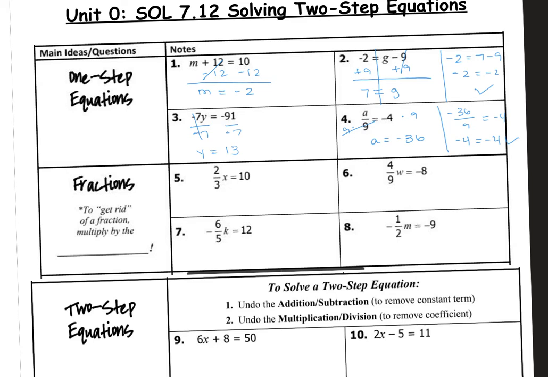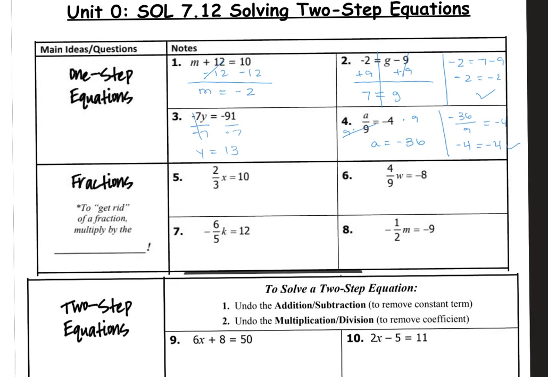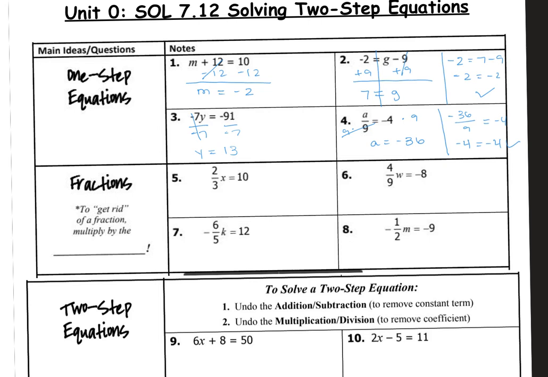All right, next we're going to look at fractions because as we get into multi-step equations, we're going to have a lot more fractions to look at. So the key thing here is to get rid of fractions. You have to multiply by the reciprocal. And what I mean by reciprocal is I'm simply flipping the numerator and the denominator.